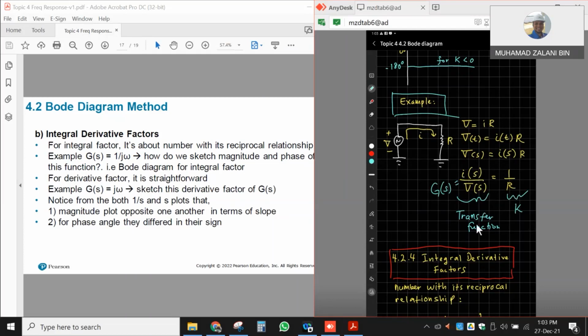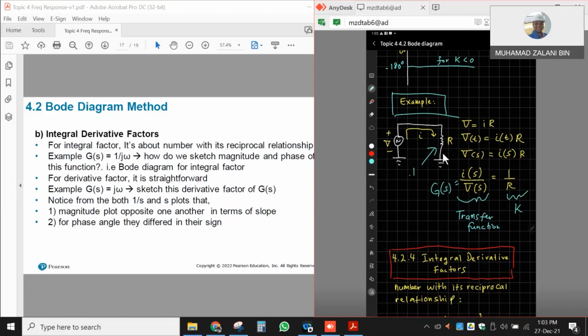So this example gives us that G of s is actually k, a constant function, a constant factor. This is an example of G of s represented by a constant factor, because this is R, that's why it is a constant factor.